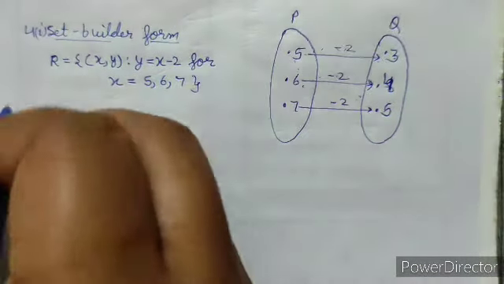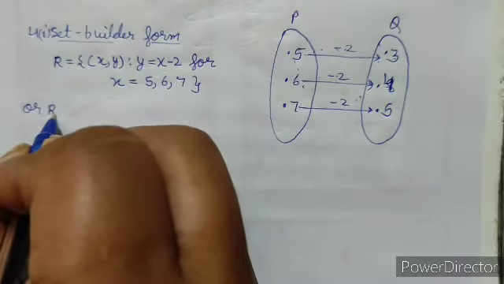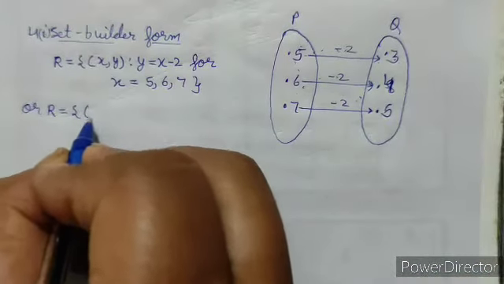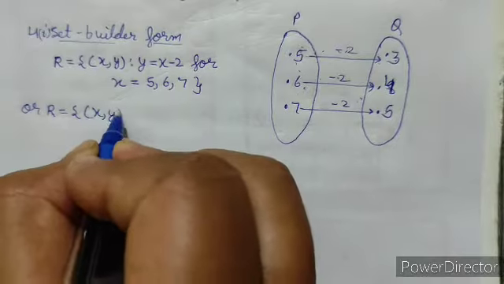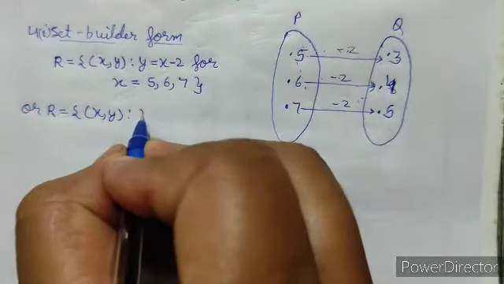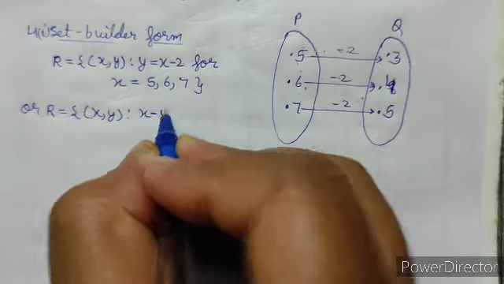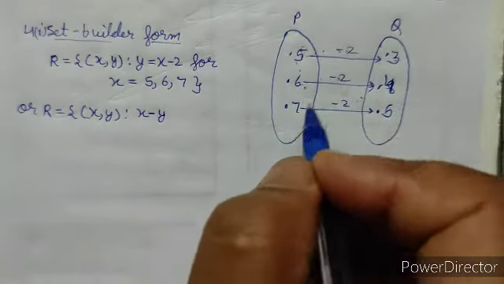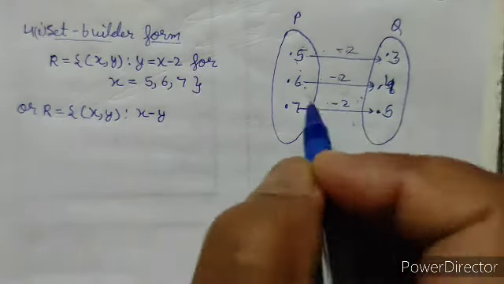Or we can also take, if we are taking set P and Q separately, {(x, y) : x minus y = 2}, as we see here, 5 minus 3 is 2, 6 minus 4 is 2, and 7 minus 5 will be equal to 2.